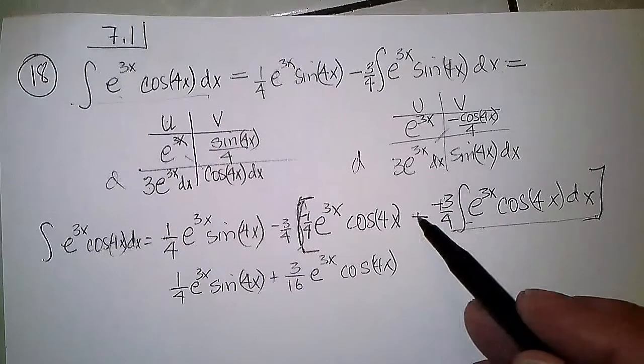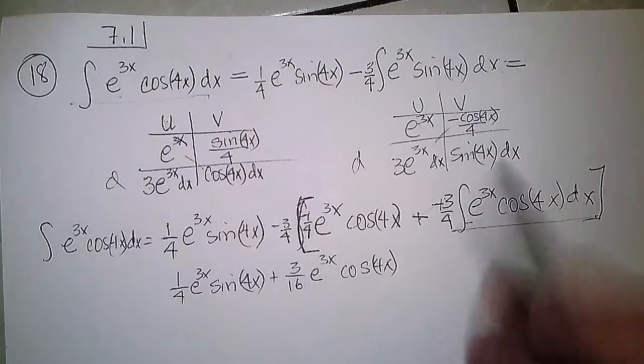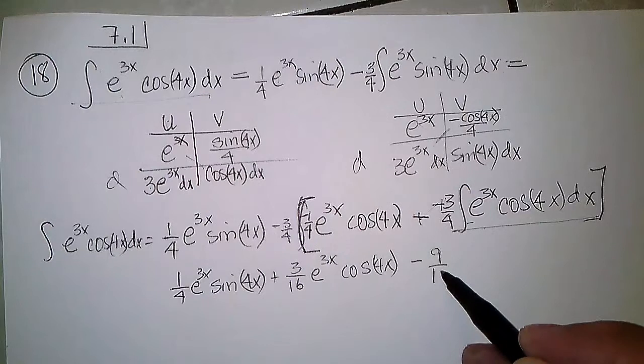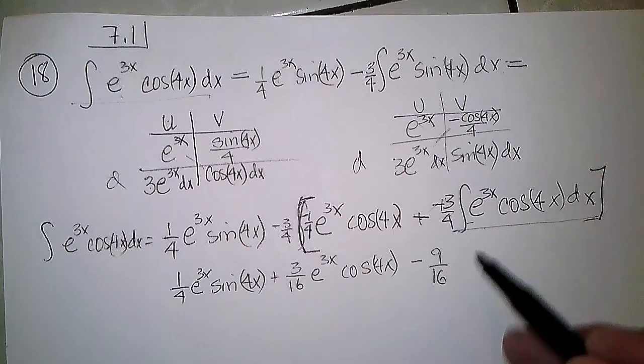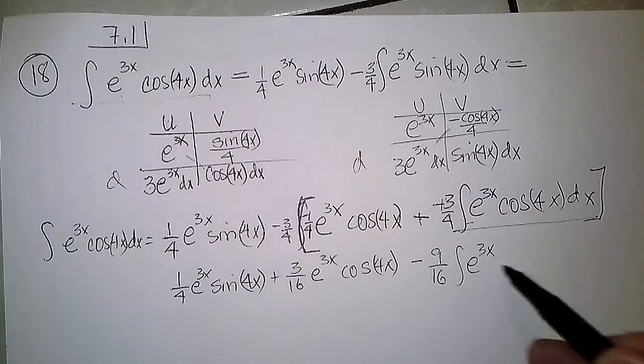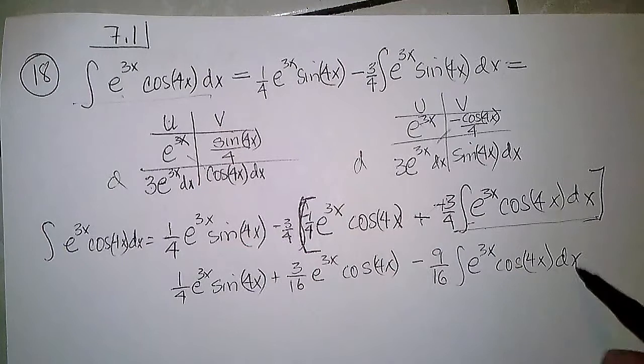And then these change sign, but then we got to take it times a negative 3/4. So this is going to be negative 9/16 integral of e to the 3x cosine 4x dx.